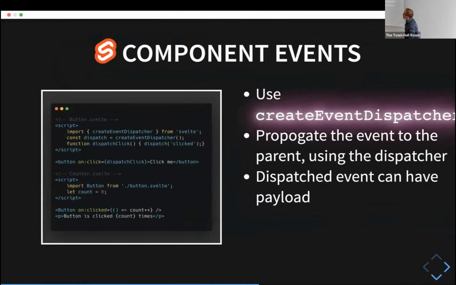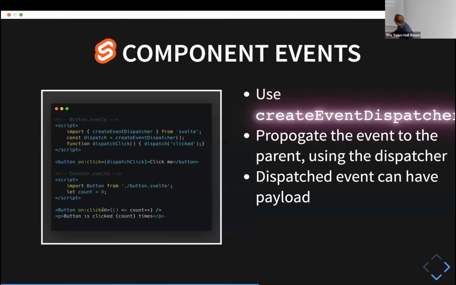In Svelte, again, I hope you can read this. You create an event dispatcher, and then you just call that with the name of the event you want to emit. And of course, you can add payloads to that. You can do that with other stuff as well. And again, like 4 lines for the component emitting an event. And then, as in React, you just interpolate the function you want to run on the output or the event when it occurs. You may want to have a look at, let's see if this works. No, it doesn't work.